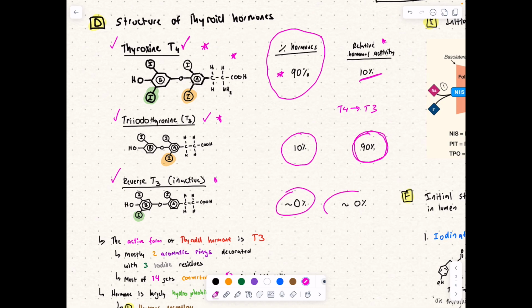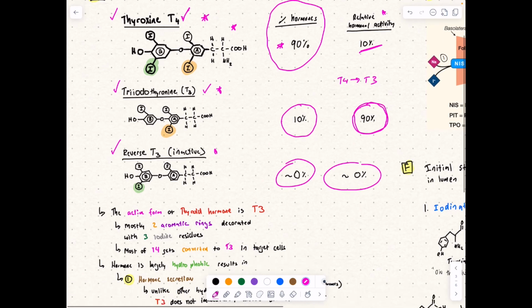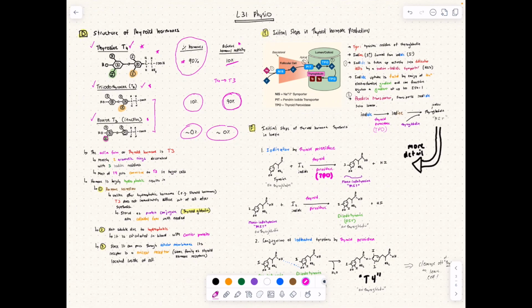It's very low in quantity, but it doesn't do anything. And basically, you can see the difference between these two is that the location of the iodine is slightly shifted, so reversed.